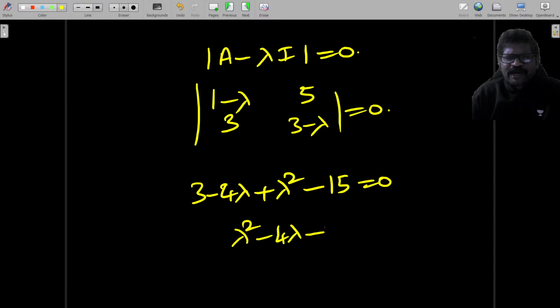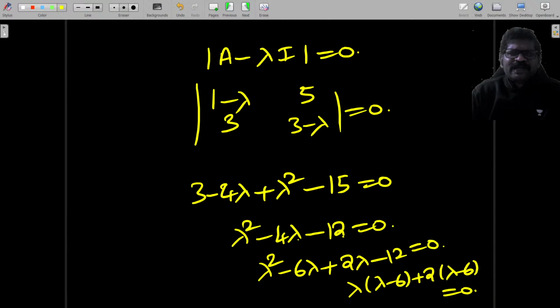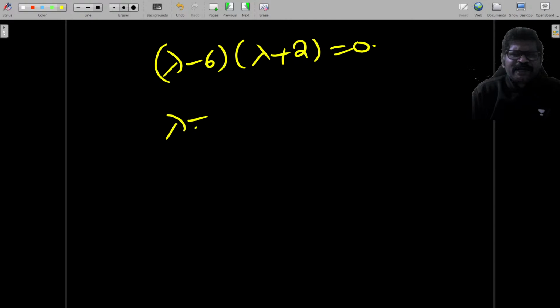That gives lambda square minus 4 lambda minus 12 equal to 0. Lambda square minus 6 lambda plus 2 lambda minus 12 equal to 0. Lambda into (lambda minus 6) plus 2 into (lambda minus 6) equal to 0. From this, (lambda minus 6)(lambda plus 2) equal to 0. Lambda equal to 6, lambda equal to minus 2.